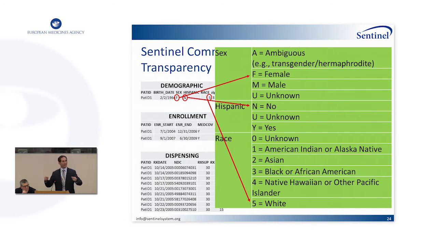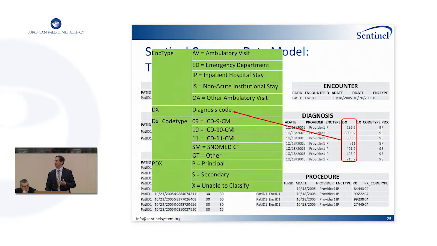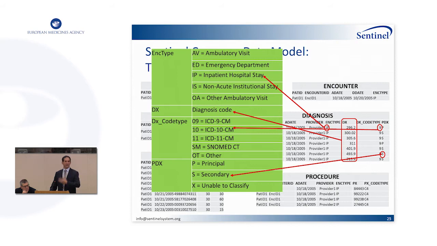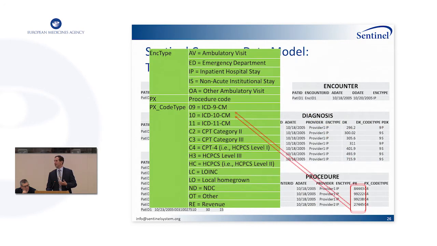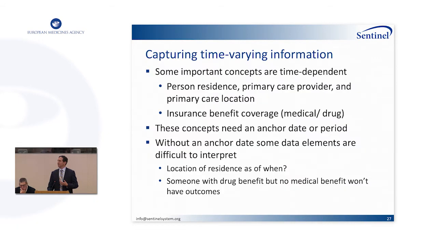Now, race is one of those things that you had to map because of the way it's collected in the source systems. But that's the idea. So it's a diagnosis, it's an inpatient, it's an ICD-9 code, it's a secondary. So if you have those two pieces of information, meaning the model and the database, if someone printed it out, you could read it. So that was the idea, and this is the same for procedures, right?